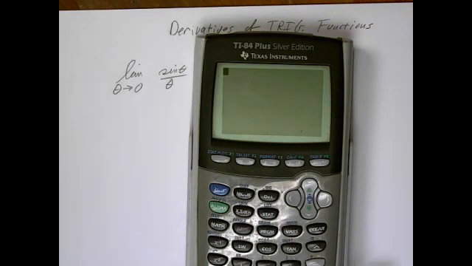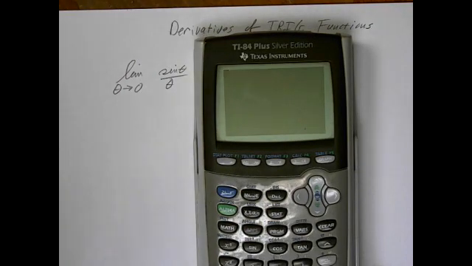But before we actually take a look at this limit, there's something I need to mention, especially when it comes to the trig functions and their derivatives. In a calculus setting, when we talk about a trig function, we always assume that we're talking about a trig function that is defined in radian measurement.